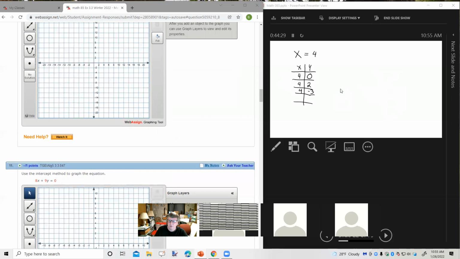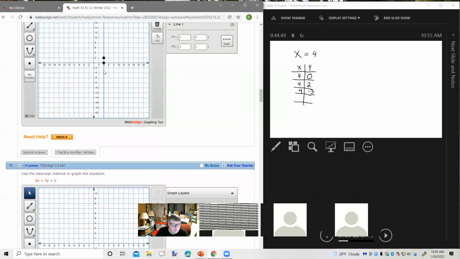Let's plot some points there. If x is 4 and y is 0, we've got that point. If x is 4 and y is 2, we've got that point. If x is 4 and y is -3, we've got that point. It only wants 2 points, but what does that line look like?